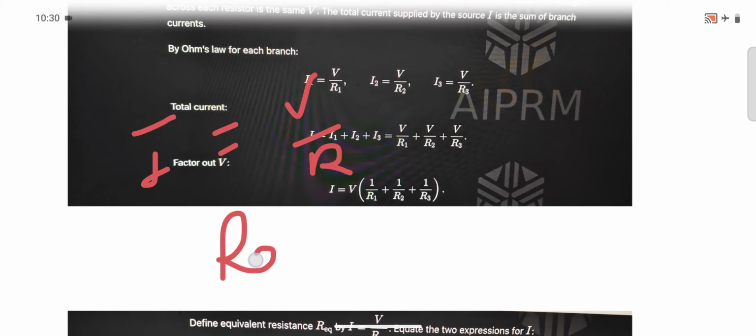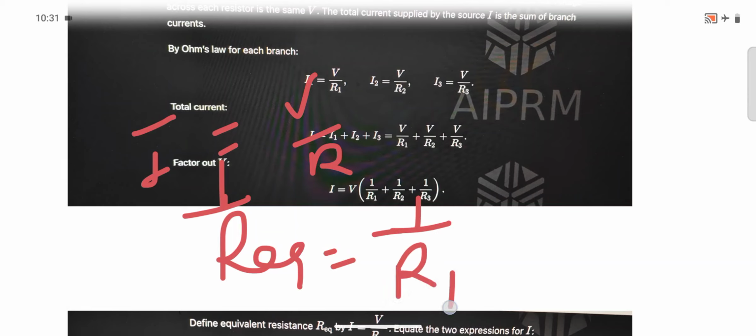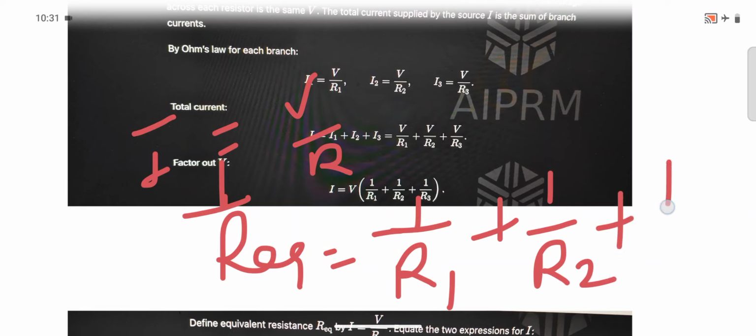Here you can see on the screen, we have to simply compare I is equal to V by R, so R equivalent we will compare. 1 by R equivalent is equal to 1 by R1 plus 1 by R2 plus 1 by R3. So this is your equivalent resistance formula for parallel condition.